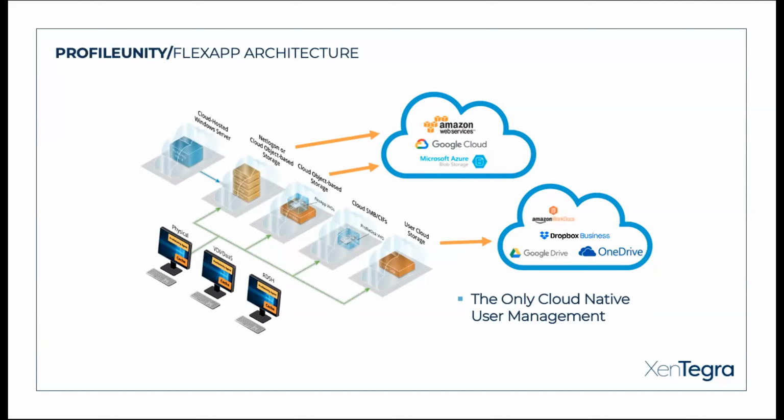I do want to talk about Profile Unity for a moment because Johnny mentioned it earlier. If you are not using any sort of user environment management or persona management solution today, Profile Unity is also leading that market. It can utilize your existing cloud storage provider and have your profiles delivered from whatever cloud service you are utilizing, whether that be Amazon, Google Cloud, or Microsoft Azure.